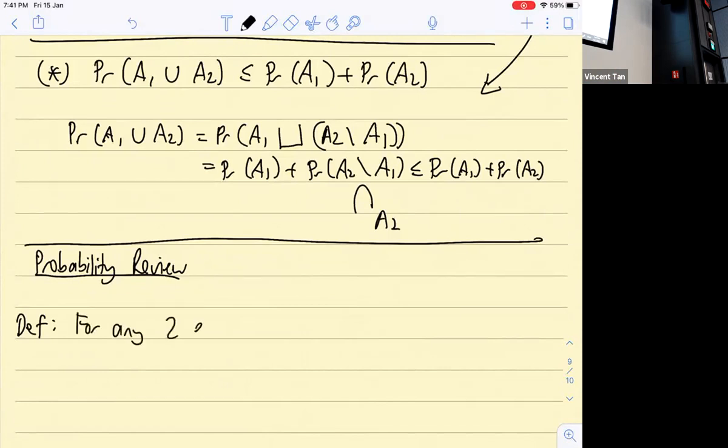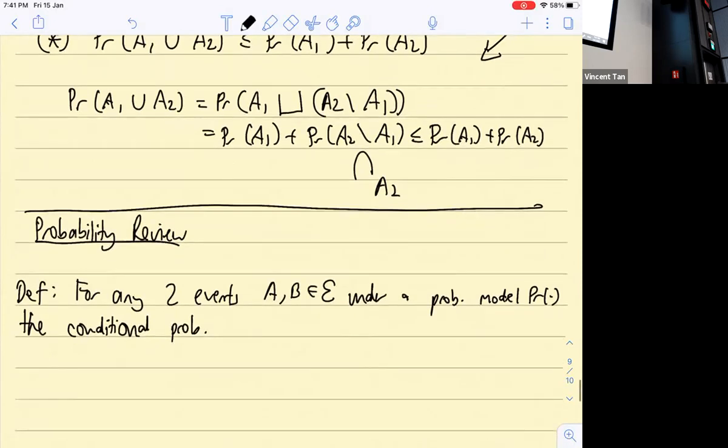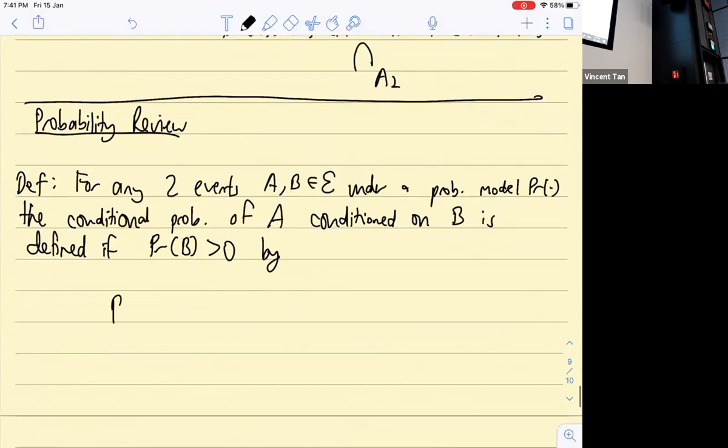For any 2 events A, B in E, under a probability model P, the conditional probability (next time we'll talk about conditional expectation, which is very challenging) of A conditioned on B is defined, if the probability of B is greater than 0, by P(A given B) equals P(A intersect B) over P(B).